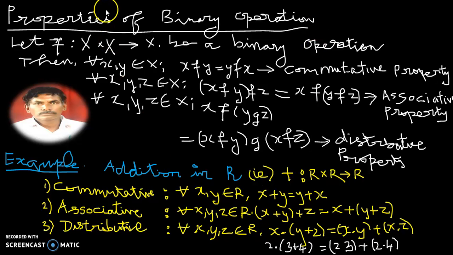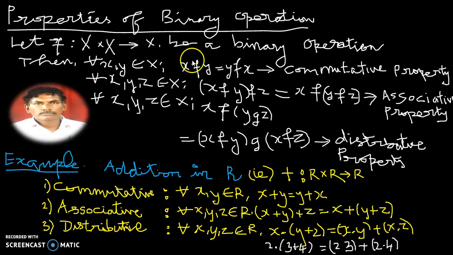Now, generally, what about those things? Suppose that f is a function from X cross X to X, a binary operation. Then for all x, y belonging to X, we have x binary operation y is equal to y binary operation x.